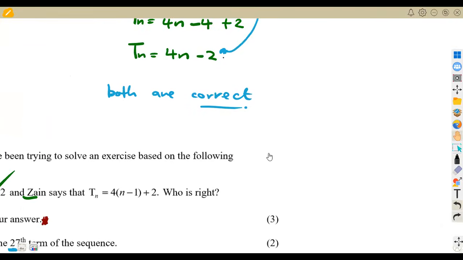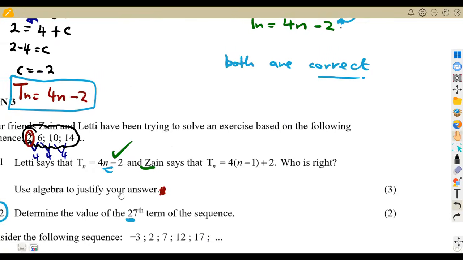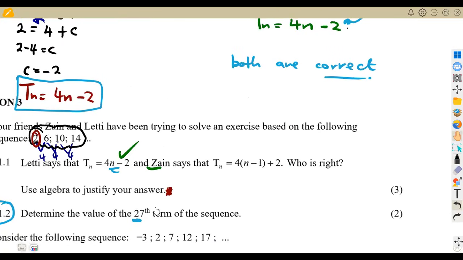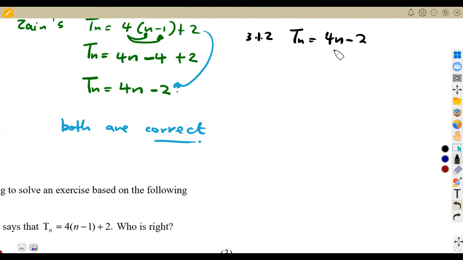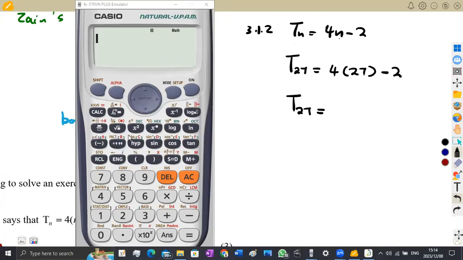So when they're asking for the term that corresponds to the 27th term, we are given that there are n number of terms. They are 27. So we need to calculate T27. In place of n, we are going to substitute a 27, minus 2. So T27 is equal to, here you can just use your calculator, and this simplification is a straightforward thing.